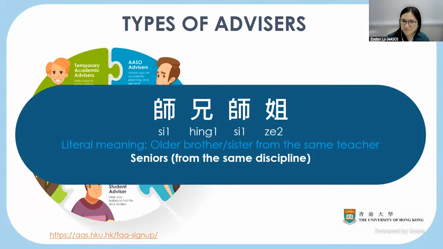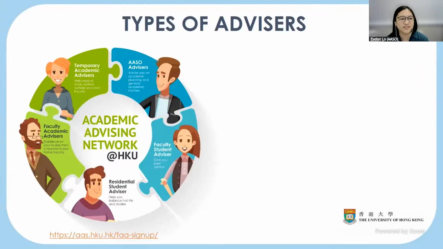I'm going to teach you a little bit of Cantonese today too. So 師兄師姐, your senior year students of your discipline, will help you as a faculty student advisor to start your journey in HKU. And there are residential student advisors, which are similar to the faculty ones, but they are from the hall.